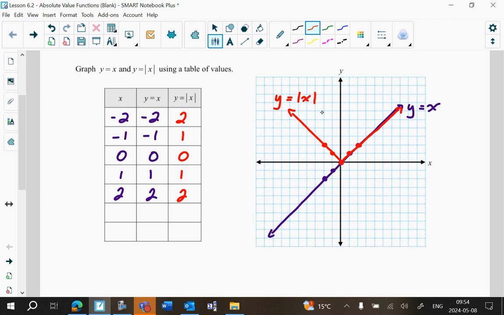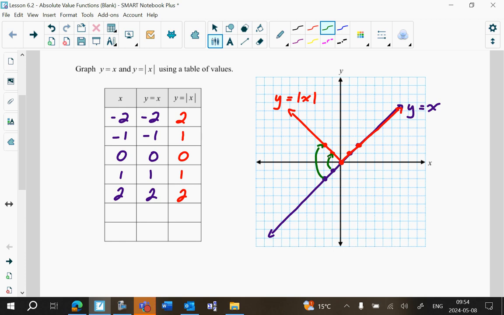So on the right side, when x was all positive, the absolute value was the same as without, right? What happened on the left side when x was negative? What happened to all the points when I took the absolute value? Like here, negative 1. But when I took the absolute value, I got positive 1. Here, negative 2. But when I took the absolute value, I got positive 2.